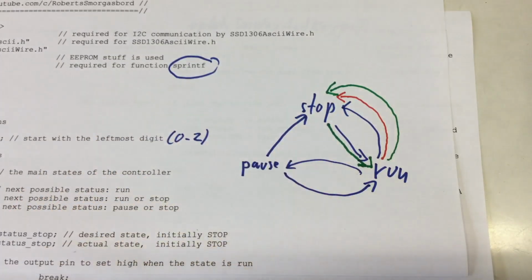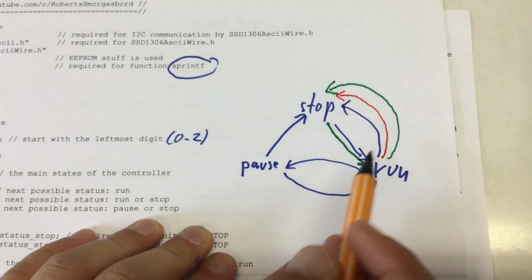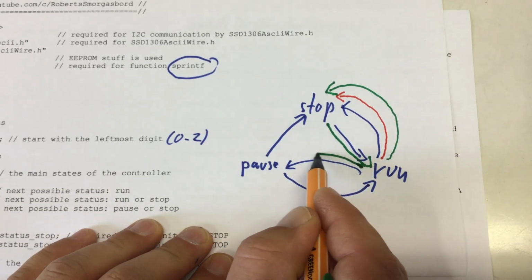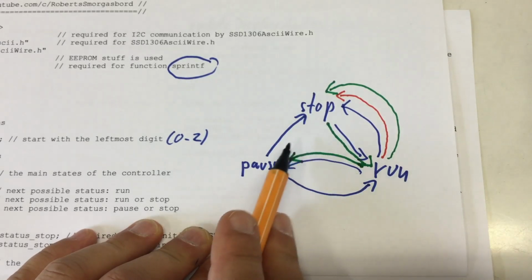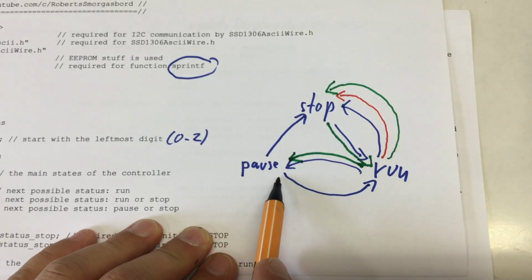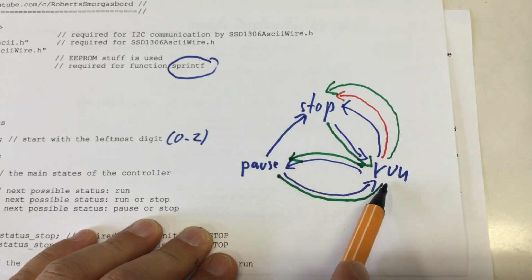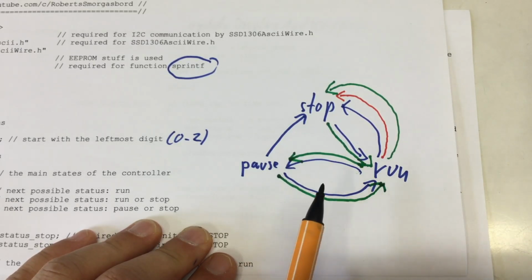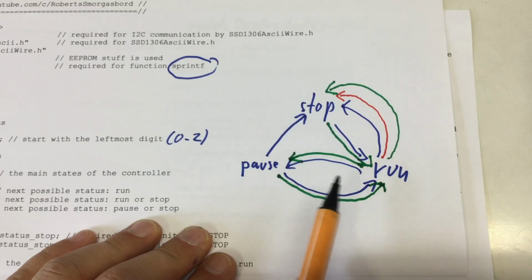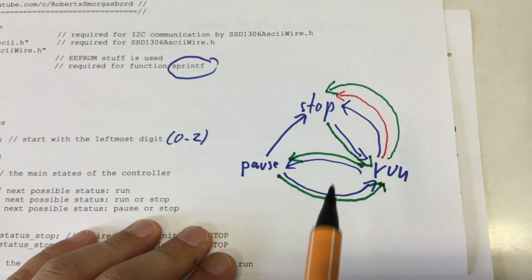And if you look at our state diagram again, we went from run via the keypad to pause, and also via the keypad back to run. And we had that exception handling, which I will not try to show you in real life, because I would have to time pressing the button.